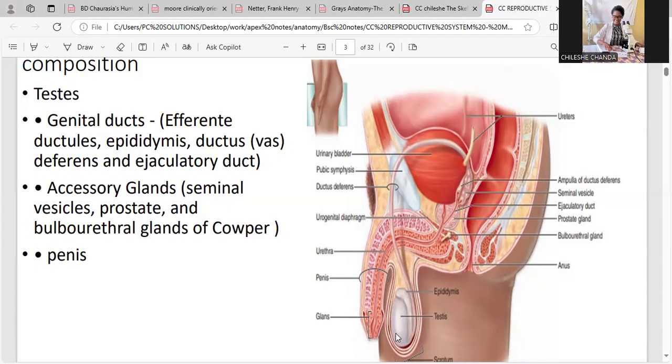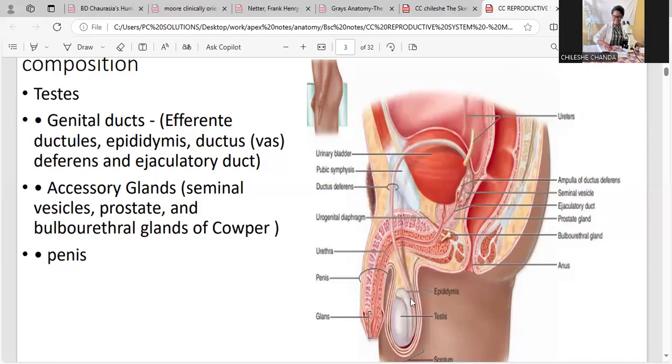So we have efferent ductules coming from the testis to the epididymis. We have the epididymis itself. We have the ductus deferens that takes the sperm all the way from the testis up to the urethra. All right. We have the urethra, we have the ejaculatory ducts, all right.